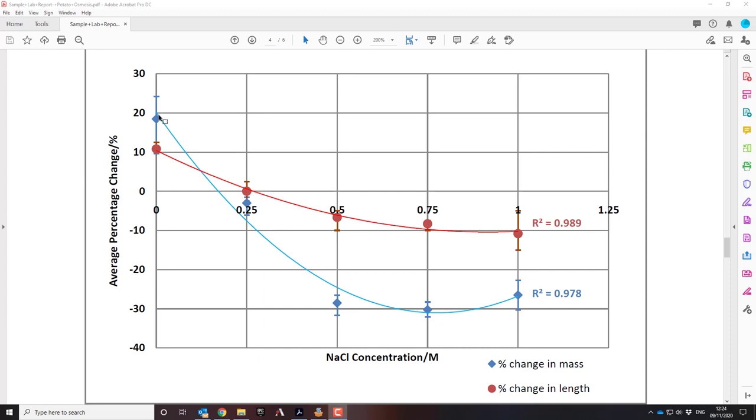So what is the point at which osmosis doesn't take place? So I can look at that coming off the particular curve. Or I could simplify down and do a much simpler view of things to say that osmosis happens when there's a difference between the salt concentrations within the potato and within the solution that surrounds it.